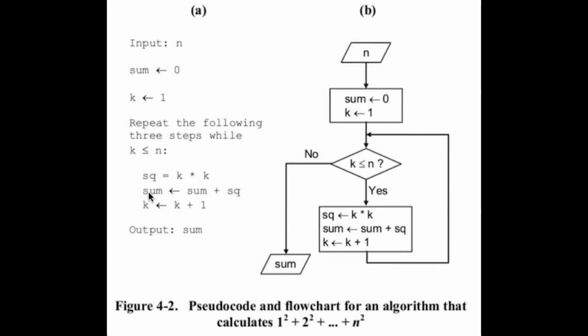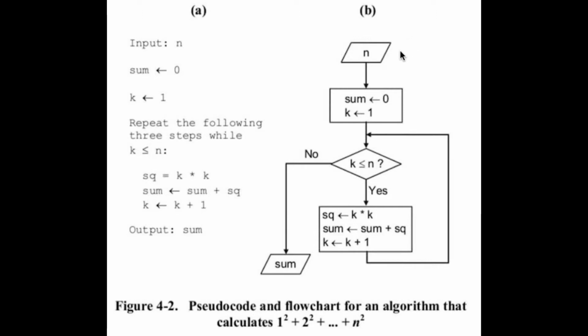So sum is going to accumulate because each time we're adding whatever the new value of sq is to the existing value of sum. And same thing with k, except in this case we're just adding 1 to k. So k is sort of keeping track of how many times we've done this. And that's why, as k eventually gets to be greater than n, this loop will end and we will output the sum. Okay?